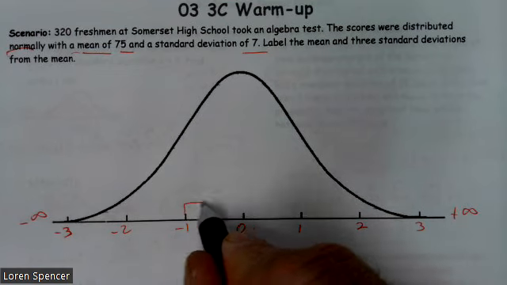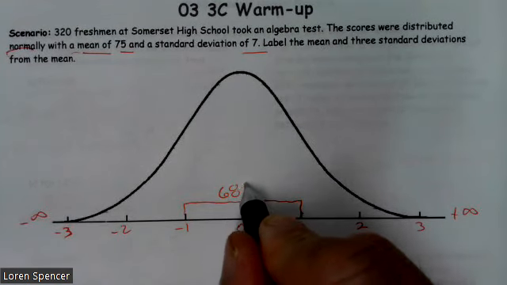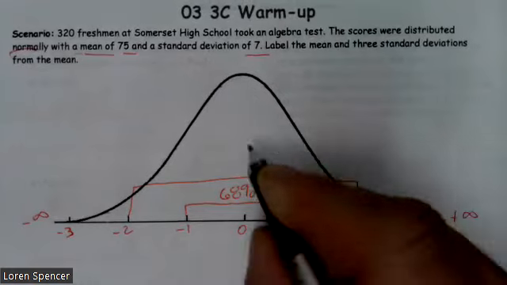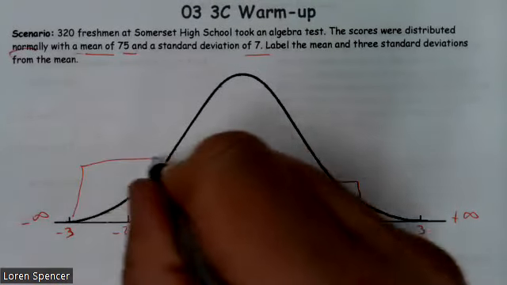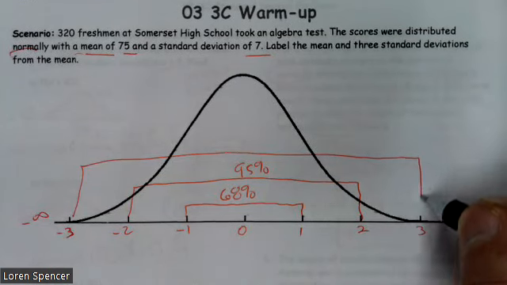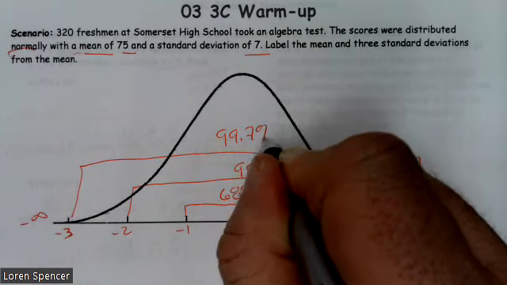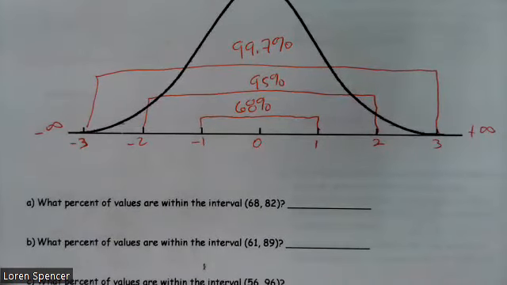And remember, plus or minus 1 was 68%, plus or minus 2 was 95%, plus or minus 3 is 99.7%. All right, what percent of the values lie between 68 and 82?